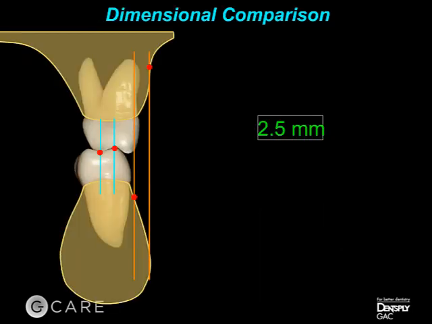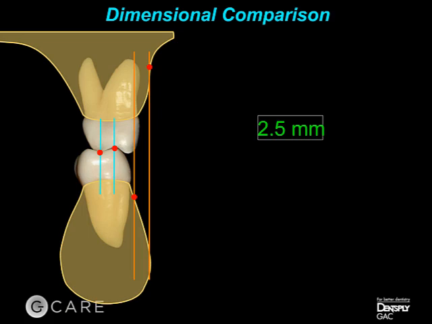So when we start looking at this, we're going to use the number 2.5 millimeters. Now what does that really mean? Well, if we take a look at anatomy, like I said, this is not anything scientific, this is strictly looking at anatomy. We can see that when the teeth are upright, centered, and well intercuspated, that distance between the cusp to fossa is going to be roughly 2.5 millimeters just by anatomy.